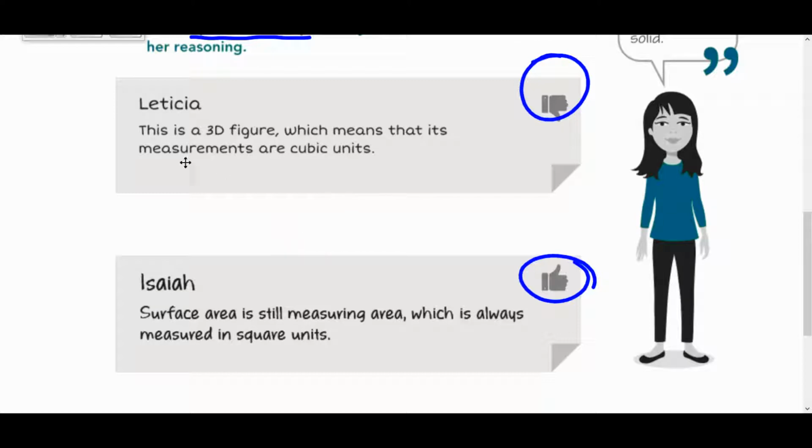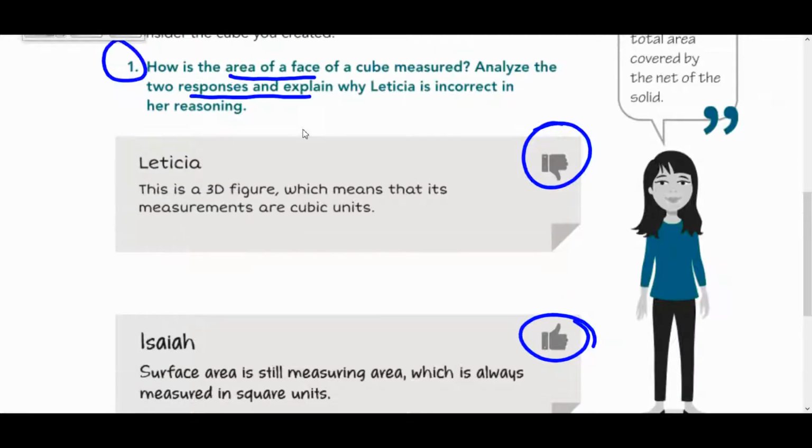Letitia says this is a 3D figure, which means that its measurements are cubic units. Well, I agree. 3D figure is cube, and most 3D figures do have cubic units. But I think when we're talking about surface area, we are talking about square units. It says area is always a square unit.